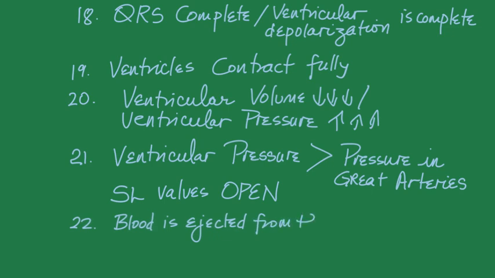Even though it's going upwards, it is going down the pressure gradient. This means it's going from a region of high pressure to a region of low pressure, from the ventricles to the great arteries. So now we have T wave. The T wave just begins, which means ventricular repolarization begins.